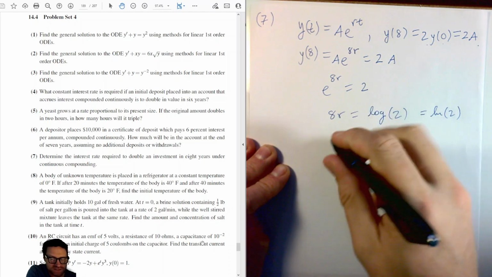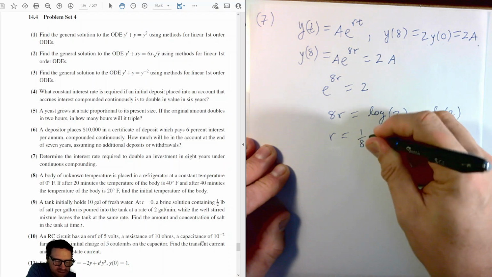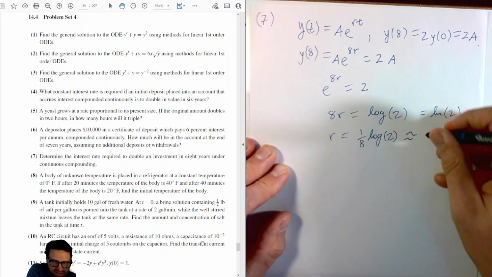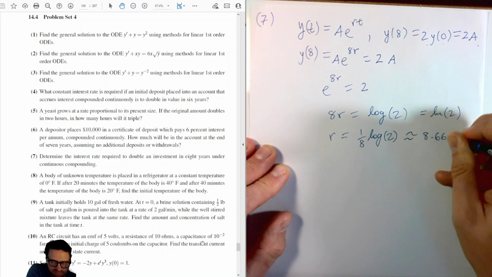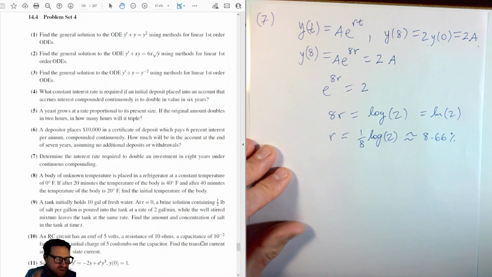So dividing both sides by 8, the required interest rate is 1/8 of the natural log of 2, and so that is about 8.66%, or 0.08664. So in other words, you need an interest rate of 8.66% to double that in 8 years.